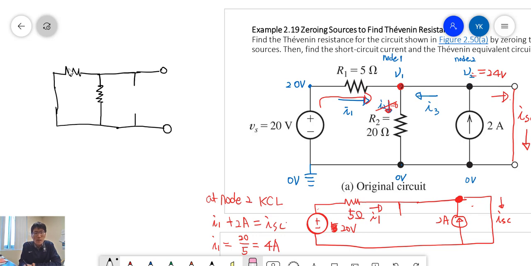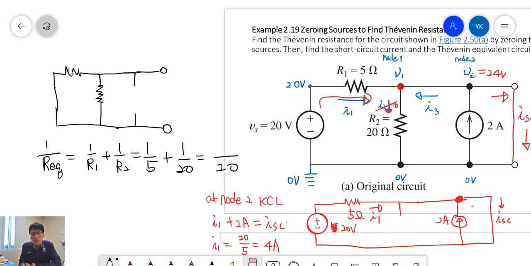Now those are connected in parallel, so we can calculate the equivalent resistance: 1 over R1 plus 1 over R2, which is 1 over 5 and 1 over 20, which gives 4 over 20 plus 1 over 20, 5 over 20.